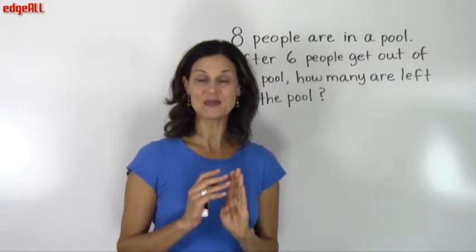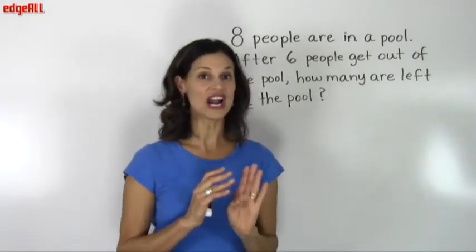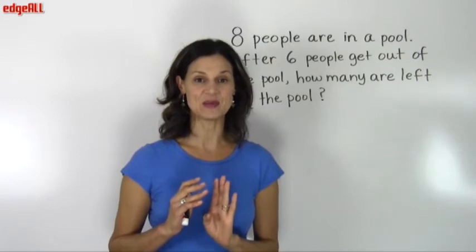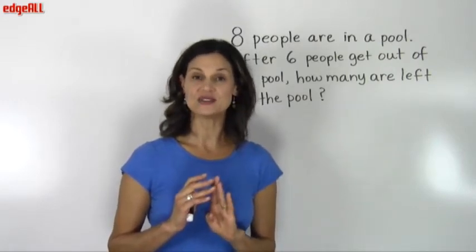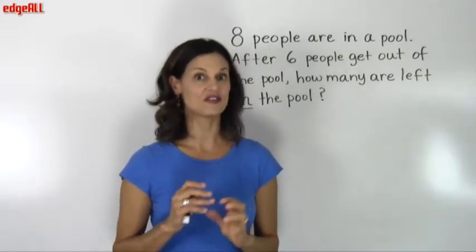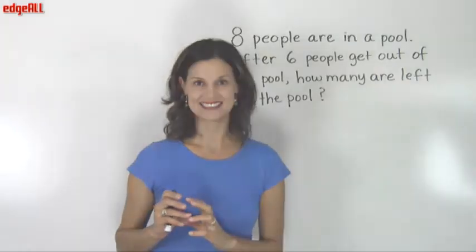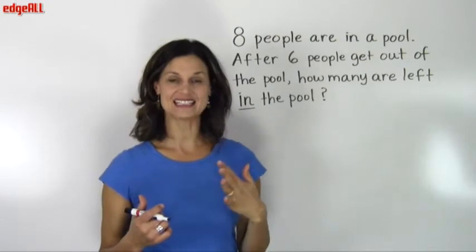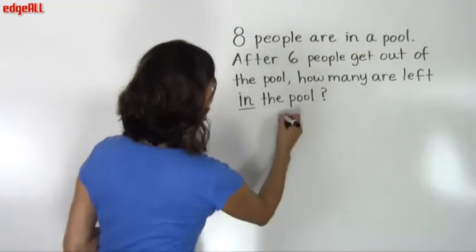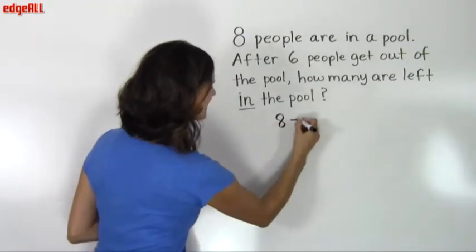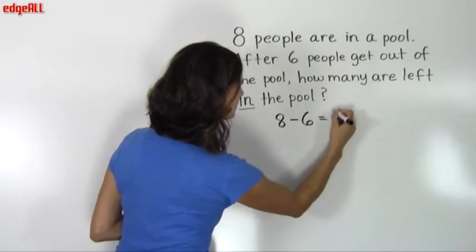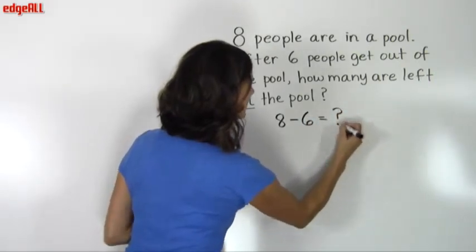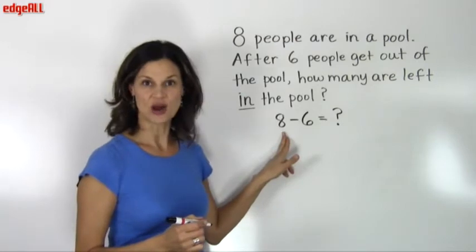Since 6 people got out and there were 8 people at first in the pool, we will need to subtract 6 from 8. When we do this, we say 8 minus 6, and we can write it as 8 minus 6 equals what number? The larger number goes first.